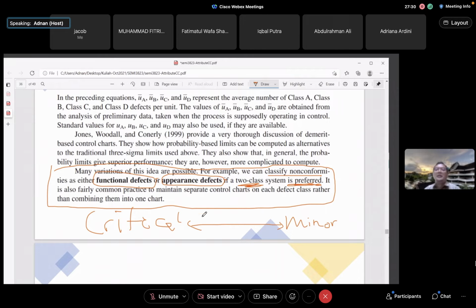This could be a moderate category. The seriousness is moderate. So we use this as A, this as B, and this as C.